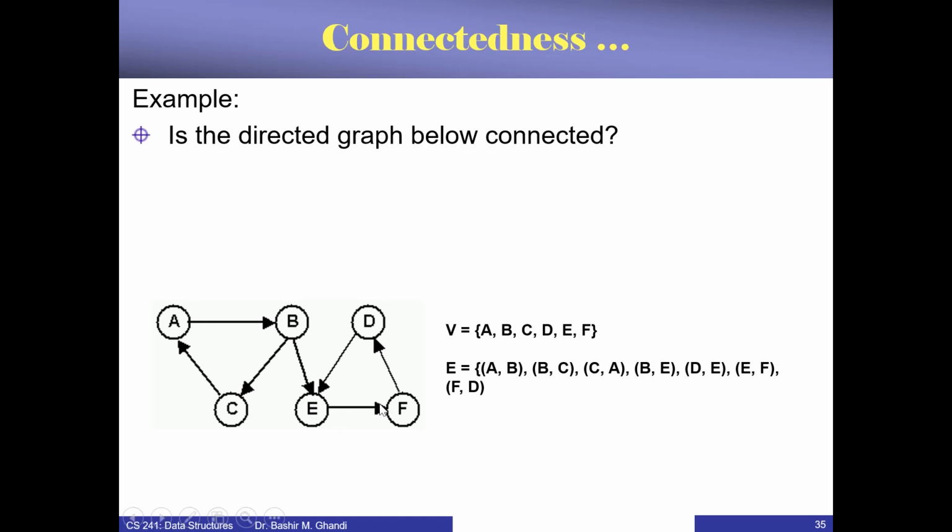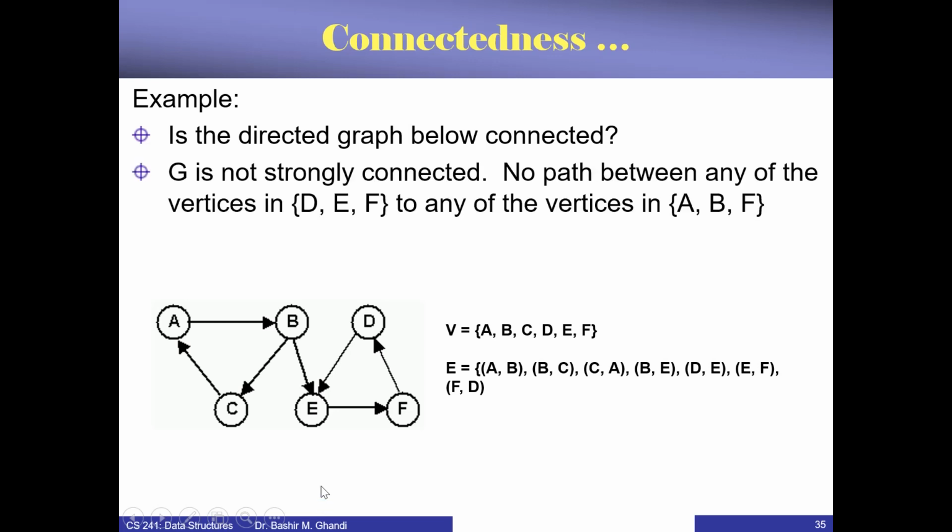Then even if we ignore the direction of the arrows, we can never reach that vertex. So in that case, the graph is not connected at all. So a directed graph can be not connected, weakly connected, or strongly connected.